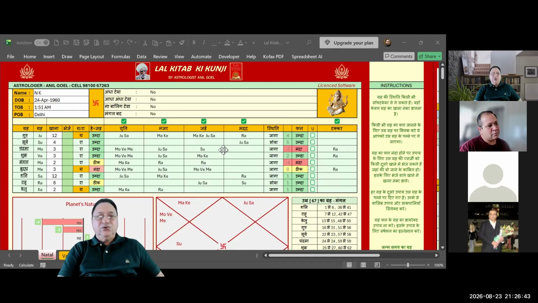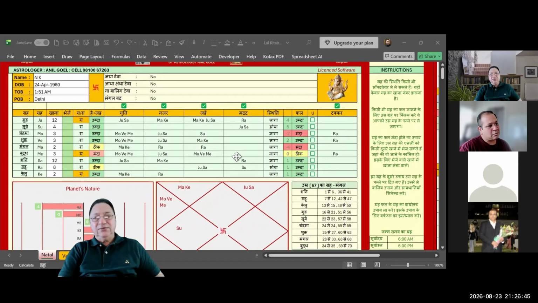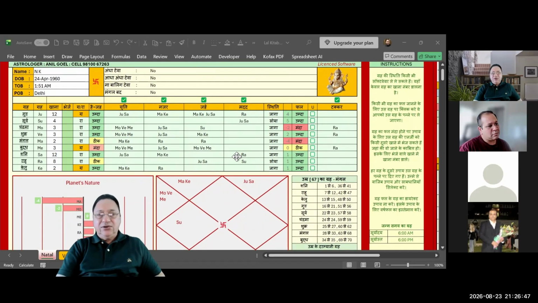Okay? So let me explain to you quickly. This is not so different from Vedic astrology. You can say it is a simplified technique which assimilates most of the things of Vedic astrology to make predictions easy. Right?